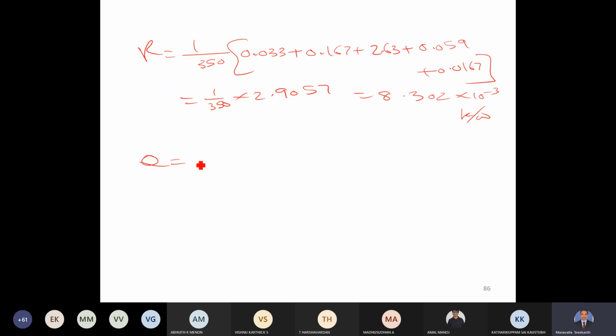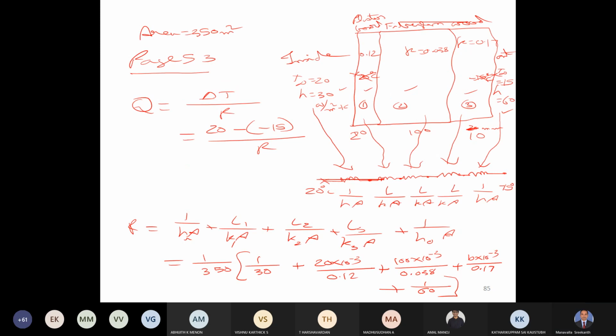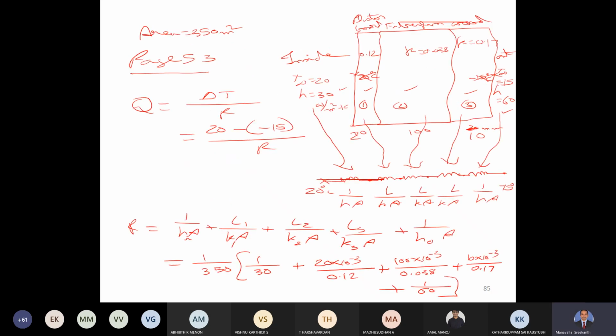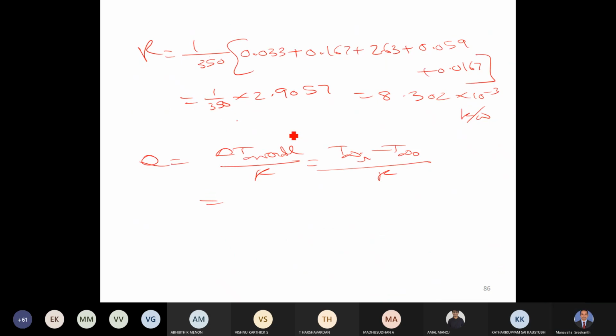Now heat transferred is delta T overall divided by R. So delta T overall is T infinity in minus T infinity out, T infinity inside minus T infinity outside, divided by R. So this is 20 minus of minus 2, and R is 8.302 multiplied by 10 power minus 3.